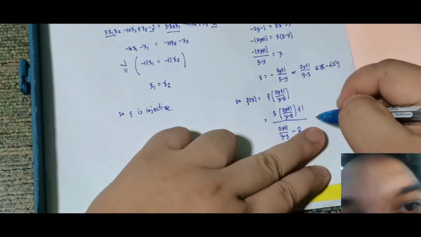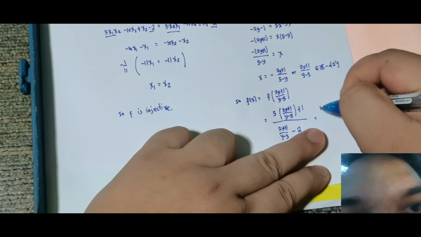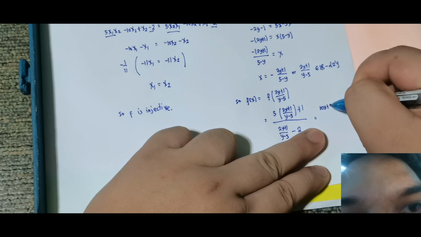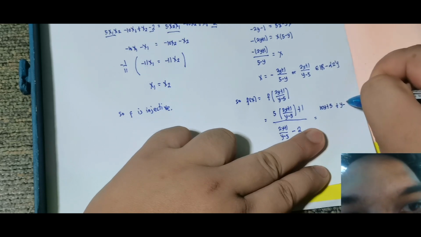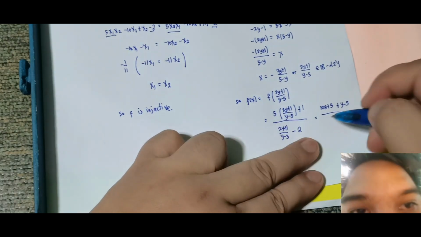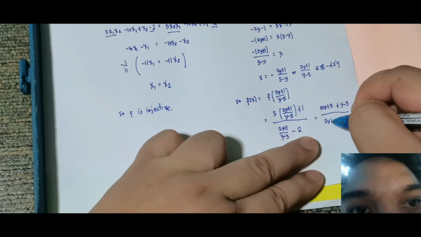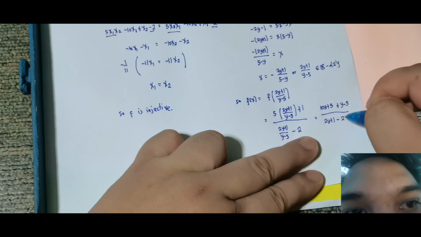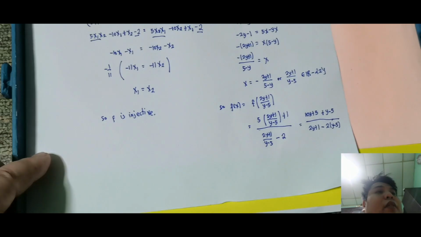So, magiging ganito. This is 10y plus 5 plus y minus 5 over, meaning minultiply ka sa y minus 5 ba? Dito ganun din. This is (2y plus 1) minus 2 times (y minus 5). Okay?